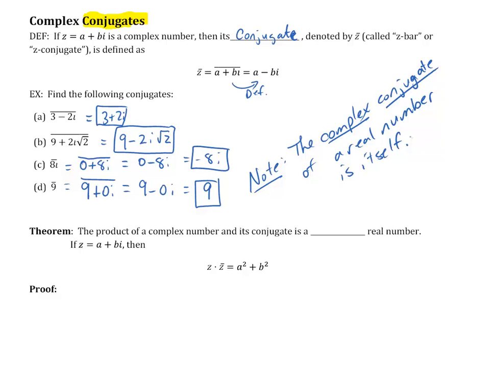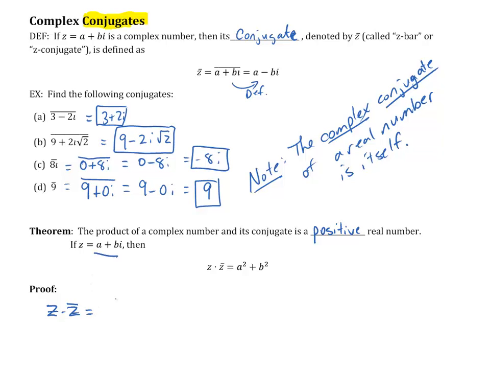So then let's write down a theorem that has to do with what happens if you take a number times its complex conjugate. The product of a complex number and its conjugate is always a positive real number. And here's why. If you want to multiply z times z bar, think about what that is.